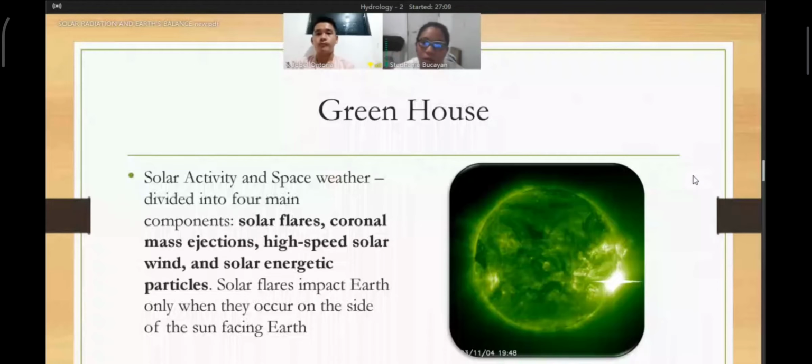So next we have solar activity and space weather. It is divided into four main components: solar flares, coronal mass ejections, high-speed solar wind, and solar energetic particles. Solar flares impact Earth only when they occur on the side of the sun facing Earth.